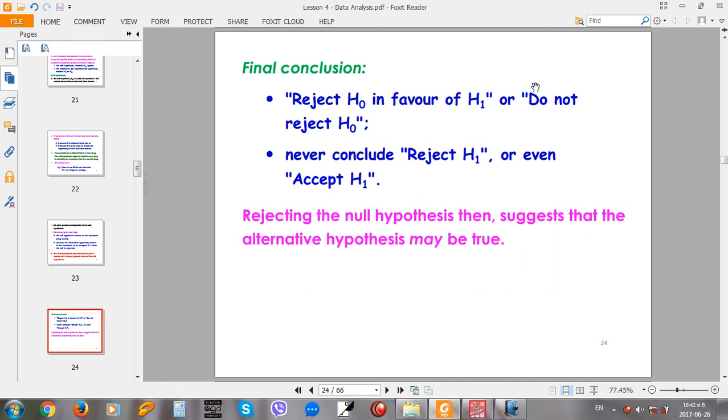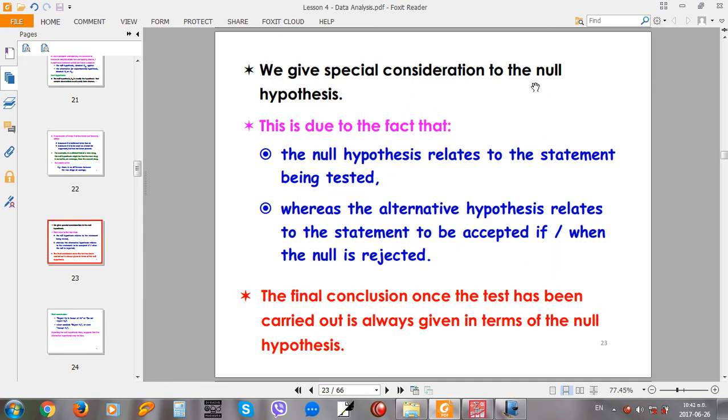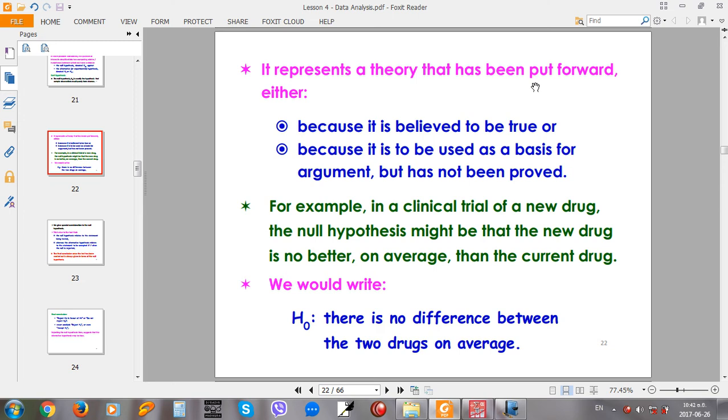Not better than means there is no difference between the two drugs on average. So we can write the null hypothesis this way: there is no significant difference between the two drugs on average. That word "significant" should be there.